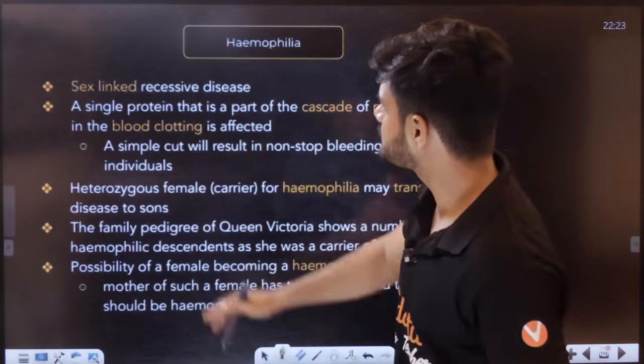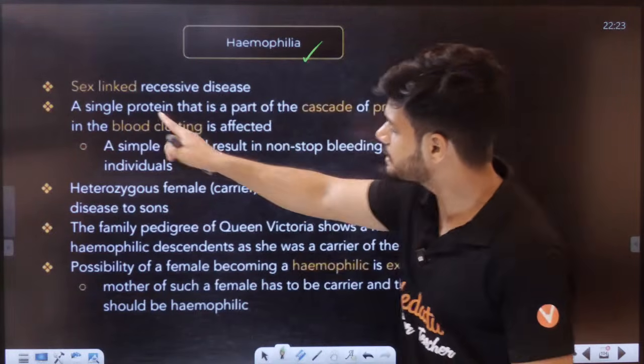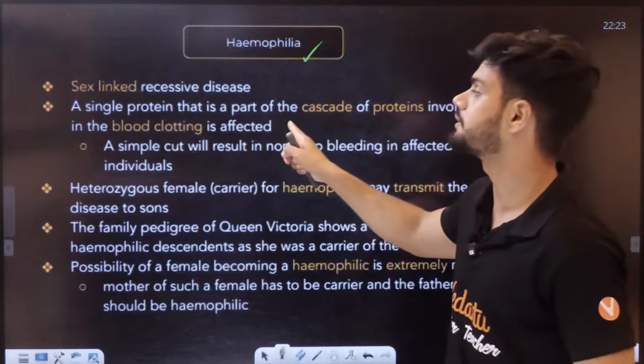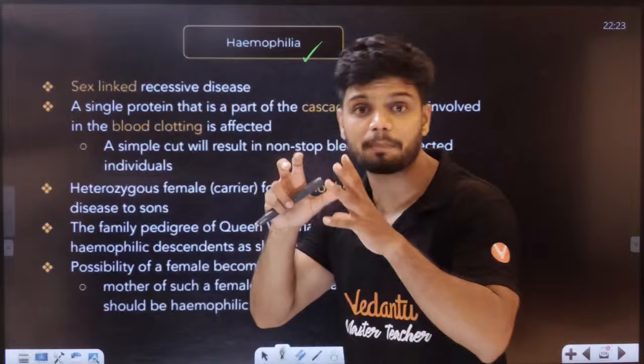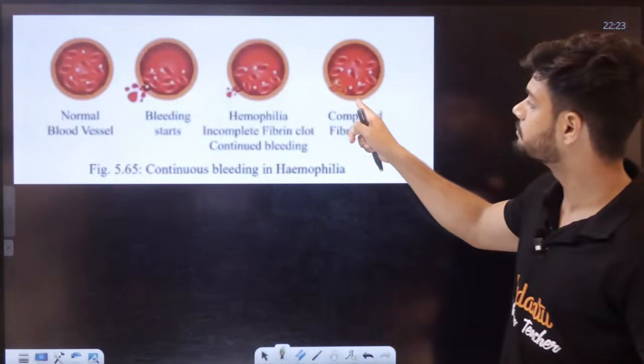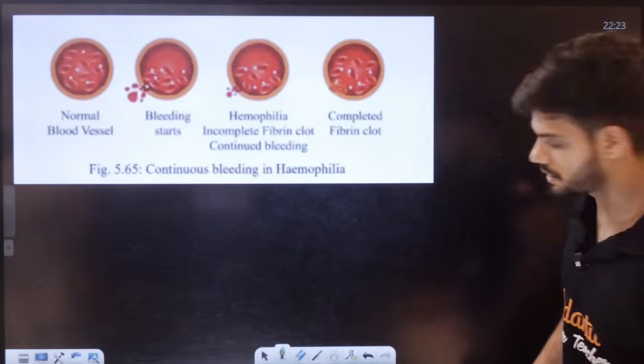That is a sex-linked recessive disorder. A single protein that is part of a cascade of proteins involved in blood clotting is affected. So blood clotting is not happening here because the clotting factor is missing, students.